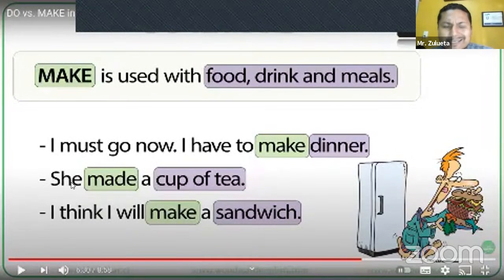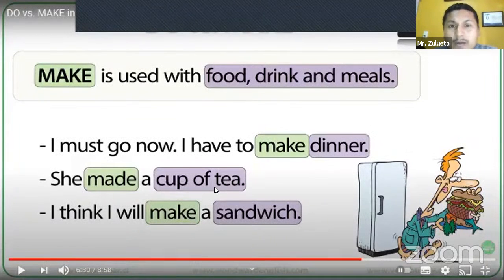Here in the second sentence, she made a cup of tea. It means that she heated the water, then she applied some special aromatic herbs, and eventually she poured the tea in the cup.